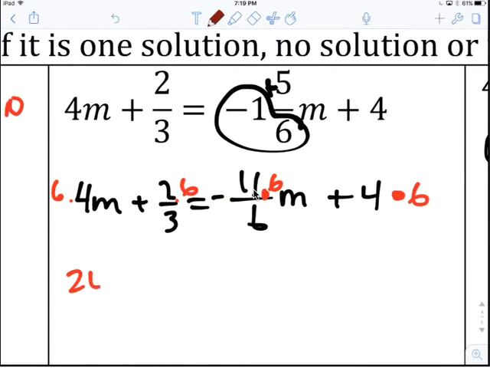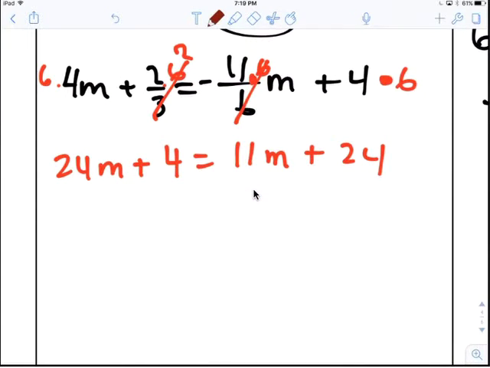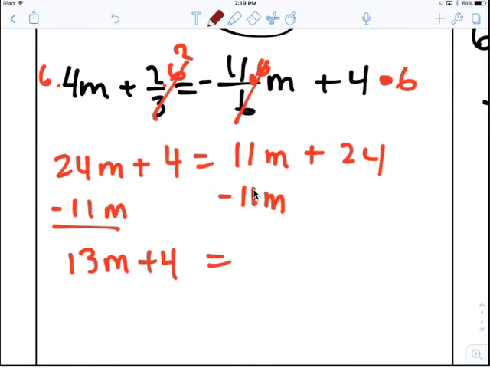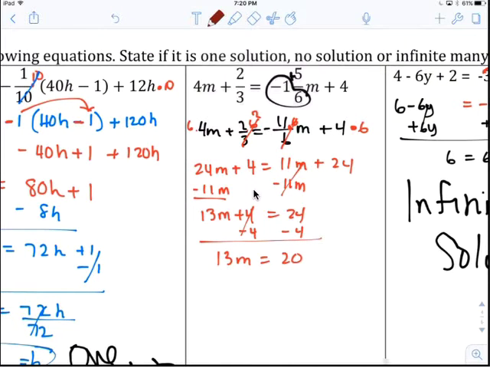You get 24m plus 4 equals 11m plus 24. Minus 11m, minus 11m. So that's 13m plus 4 equals 24. Minus 4, minus 4. 13m equals 20, one solution, unless I did something wrong.